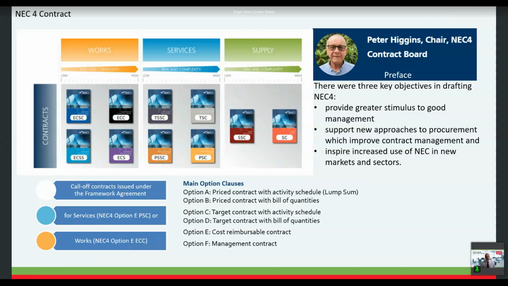How that risk moves across is dependent on which of these option clauses the client will pick. And you can see an option E is cost reimbursable, and that's to engender some correlation between the various supply chain that they're actually building together in order to get to something that is usable and practicable in terms of its delivery.